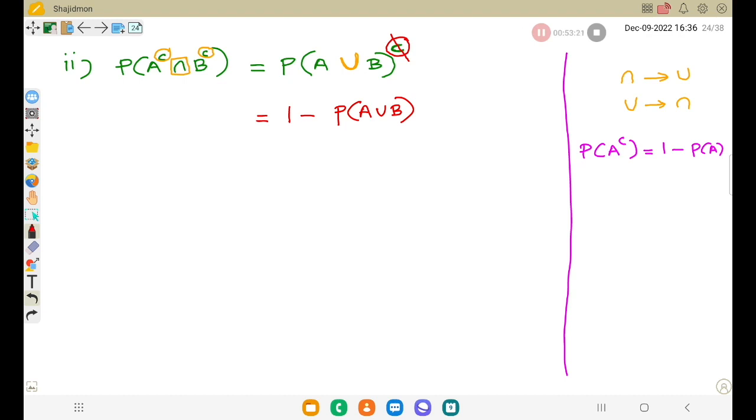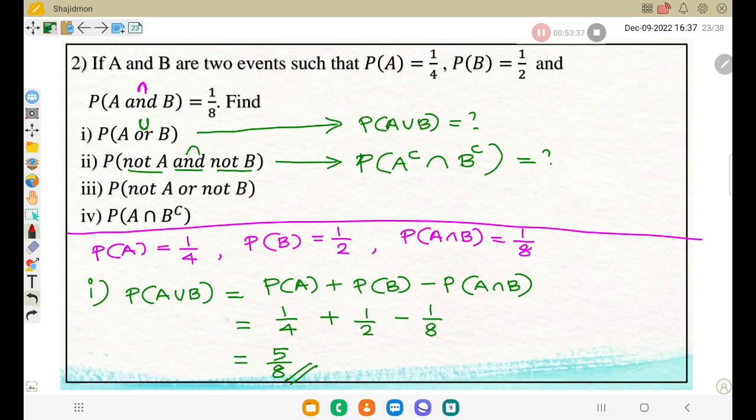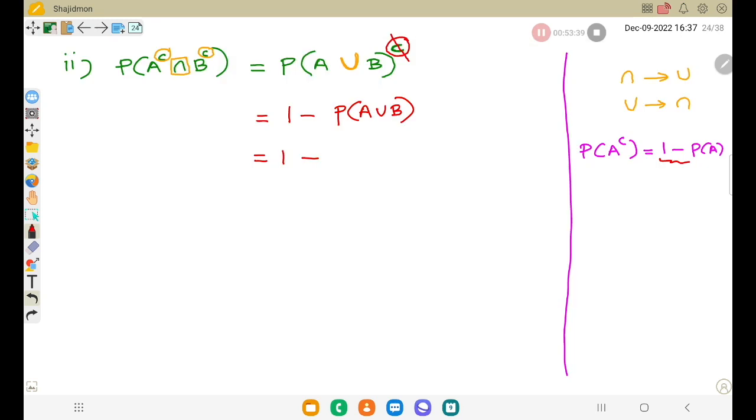Now apply the values: 1 minus probability of A union B, which we calculated as 5 divided by 8. So 1 minus 5 divided by 8. You can check the answer: you will get 3 divided by 8.